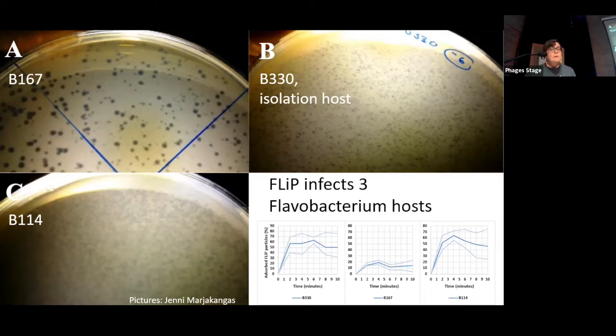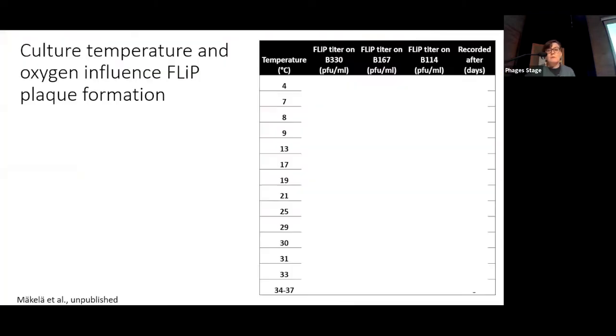So obviously, when we then think about the seasonal dynamics, we want to know how the culture temperature influences flip infections. So we have done assays where we do the double agar assay with the different bacterial hosts, then do the titrations on the plate and incubate these plates at different temperatures.